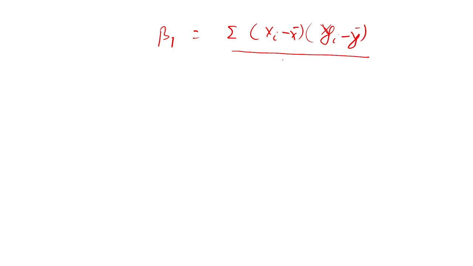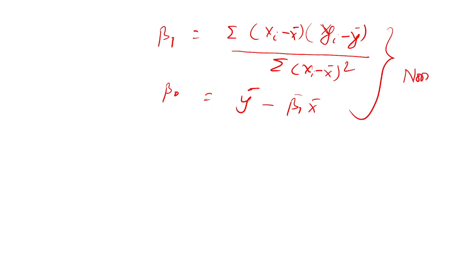I'll not go into much more of the derivation. We get beta 1 as summation of (xi minus x bar)(yi minus y bar) divided by summation of (xi minus x bar) whole square, and beta naught as y bar minus beta 1 x bar. These two equations we call the normal equations.